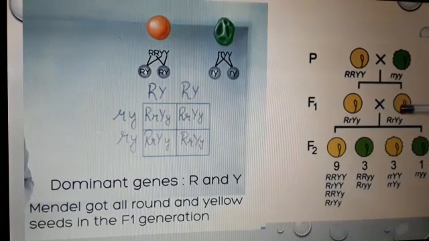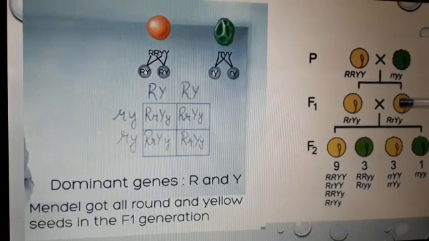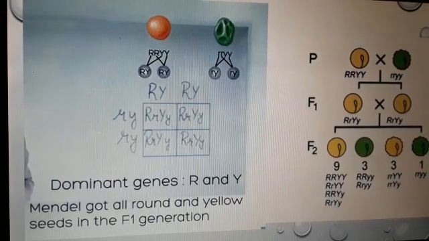In F1 generation, only the round and the yellow color were seen. The wrinkled and the green character was not seen in F1 generation. But in F2 generation, we had four different combinations, that is round yellow, round green, wrinkled yellow and wrinkled green.